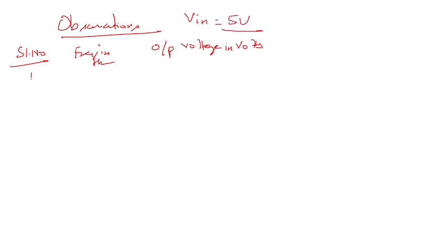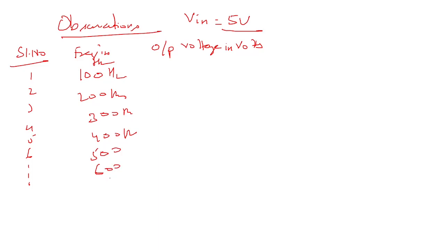Serial numbers 1, 2, 3, 4, 5, 6 go on, starting from 100 hertz, 200 hertz, 300 hertz, 400 hertz, 500, 600, 700, 800, 900, 1k, 1.5k, 2k.